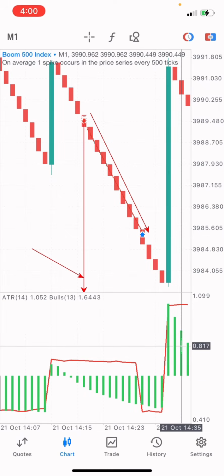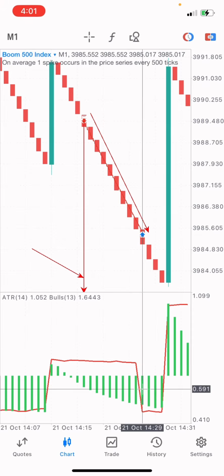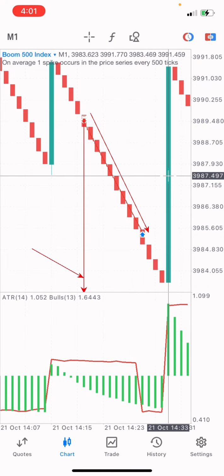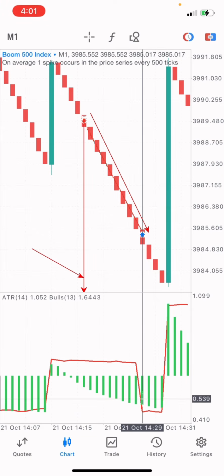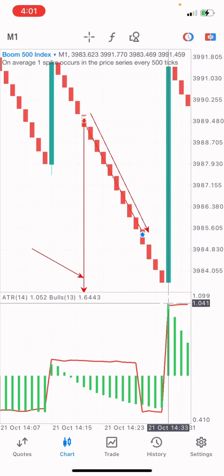There's no signal that this indicator gives when it starts creating an uptrend. Immediately it starts creating an uptrend, it starts with a spike. You can clearly see here that after the downtrend of the average true range, it spiked with an uptrend immediately.